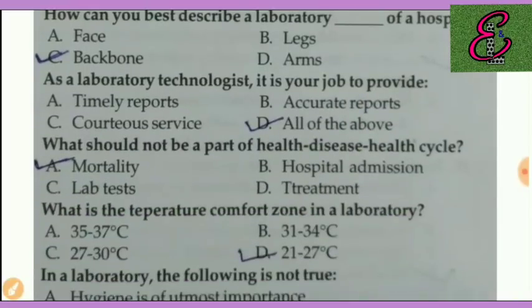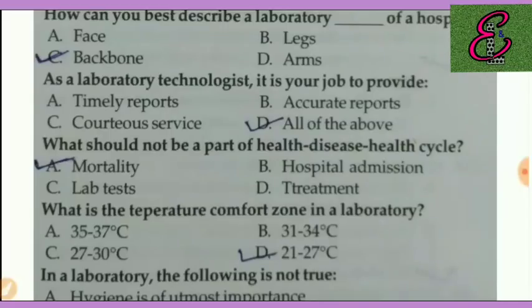As a laboratory technician or technologist, it is your job to provide. The answer is timely reports, accurate reports, and courteous service.